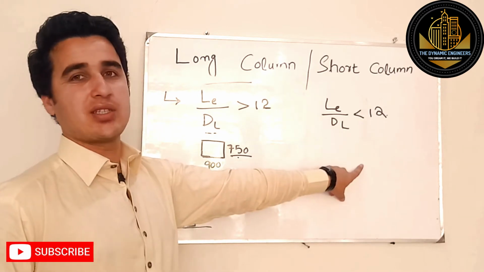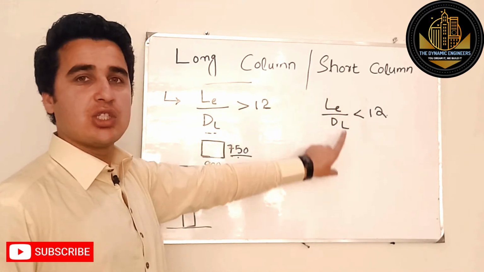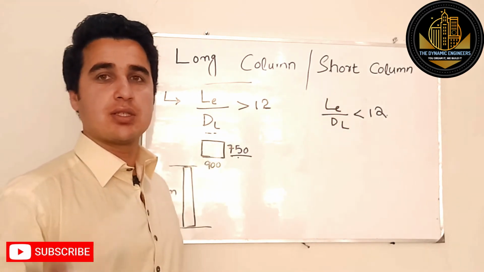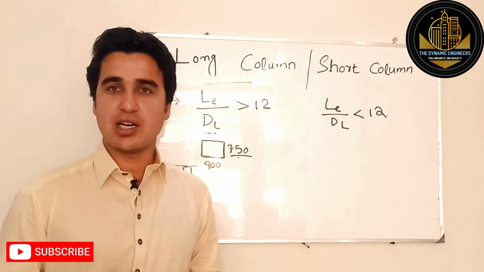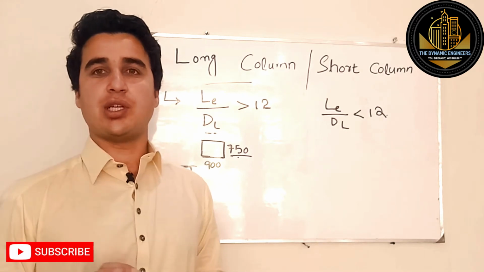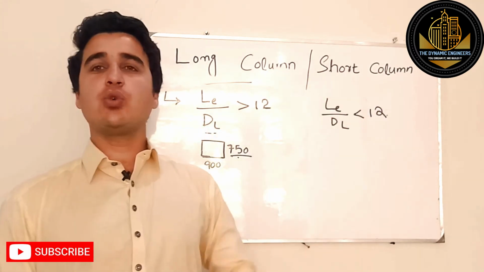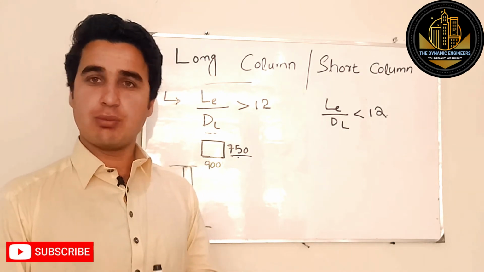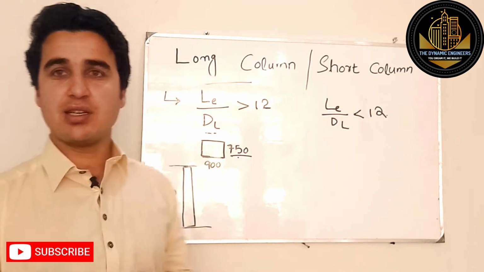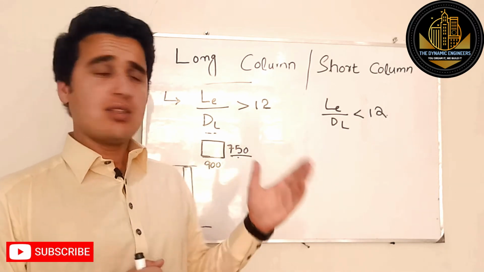And vice versa, if the effective length to the least dimension ratio is less than 12, then it is a short column. This is the first criteria, and this is the first mathematical calculation. If you look at any column, you can just say whether it is a long column or a short column by going through this mathematical calculation.